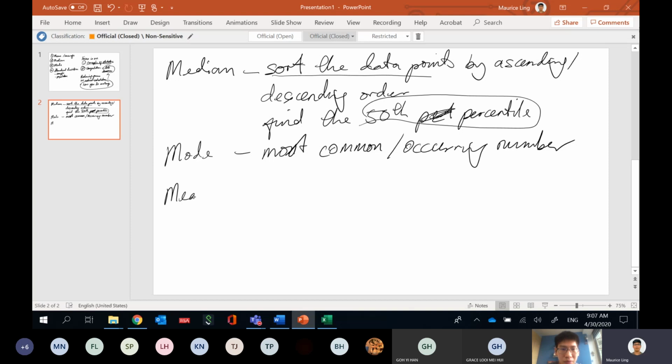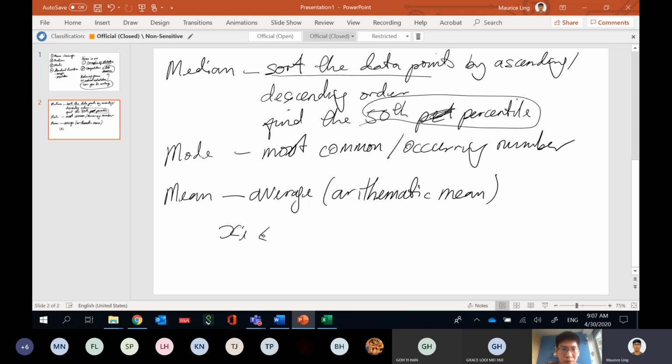Your mean itself, most of the time when we are talking about mean we are talking about average. In reality, average is known as the arithmetic mean. Generally you use the symbol x subscript i to denote the data points.